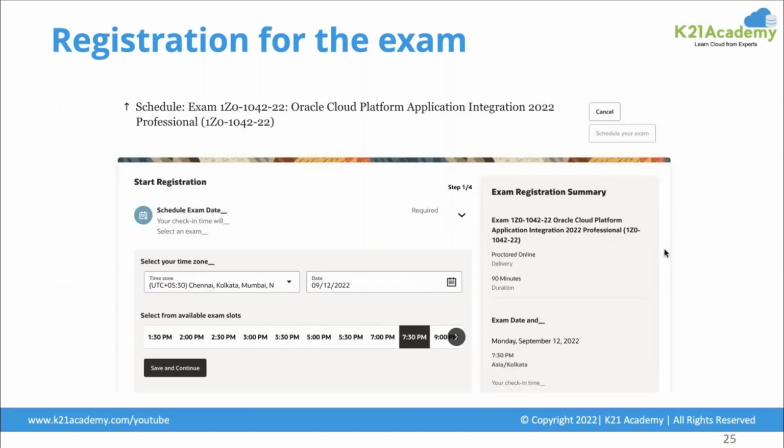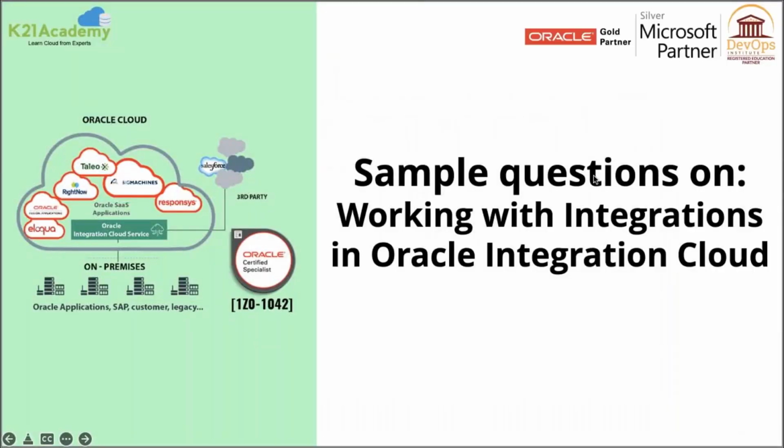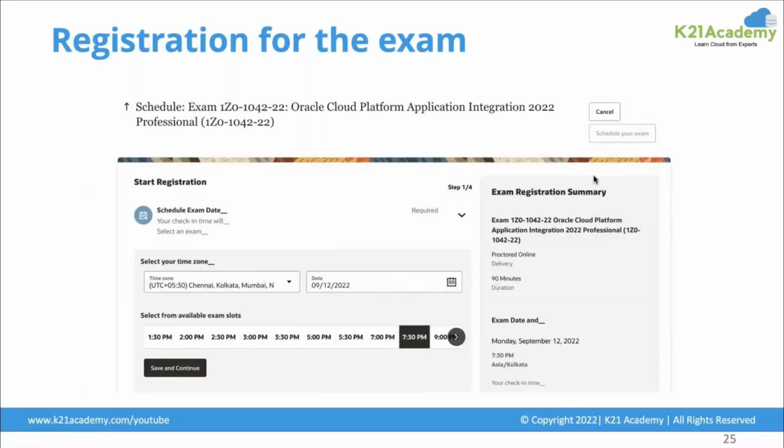Once you click on schedule your exam, you will have an option to choose your time zone, and then choose the date which you would like to appear in the exam, and then choose the slot from the available list. And once you choose it, click on save and continue.